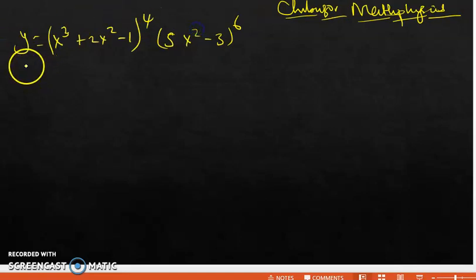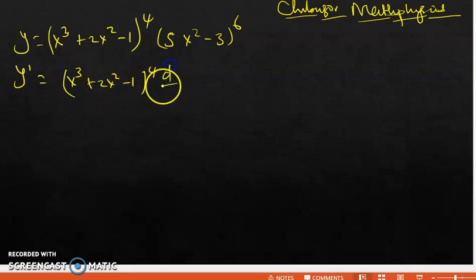So y prime would be x cubed plus 2x squared minus 1 power 4.